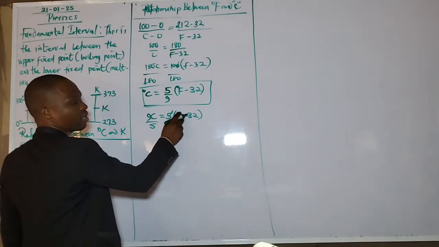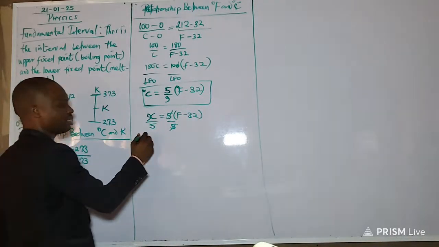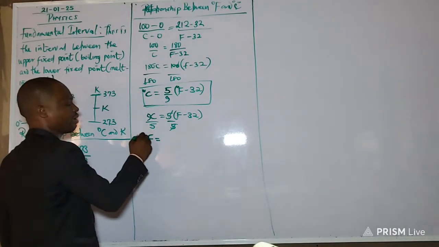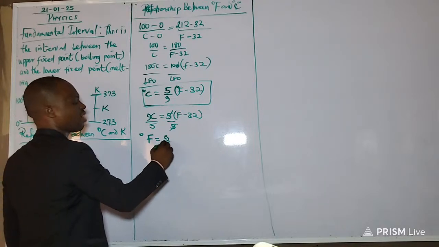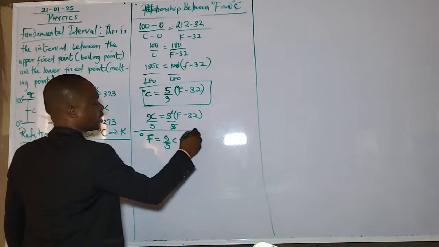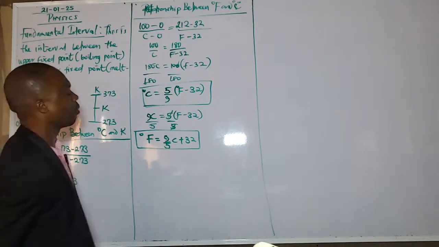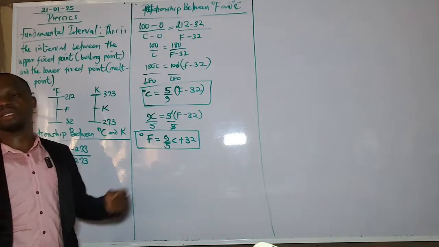So we have F minus 32 equals 9C over 5. Take 32 to this side. F, degree Fahrenheit, gives us 9 over 5 C plus 32. And this is the formula for finding the Fahrenheit equivalent when given the Celsius.